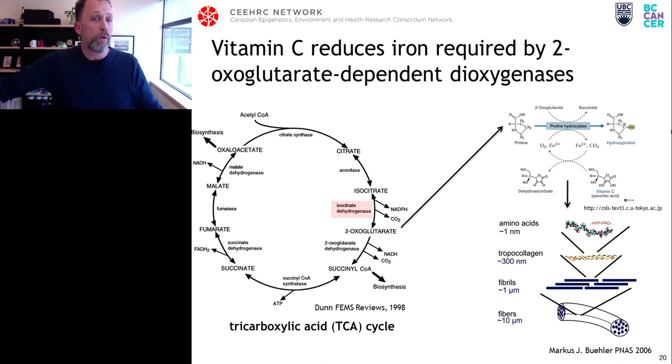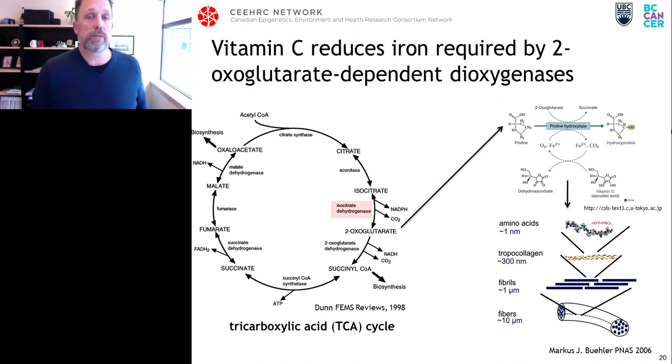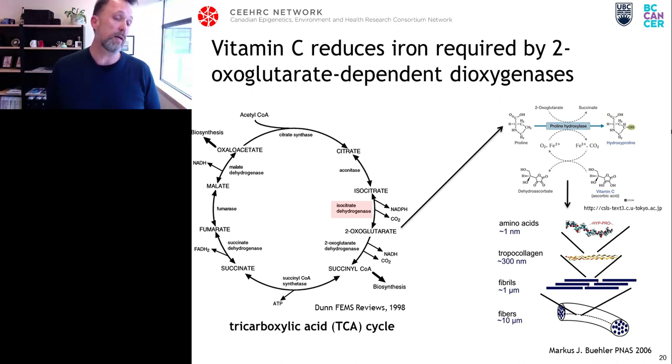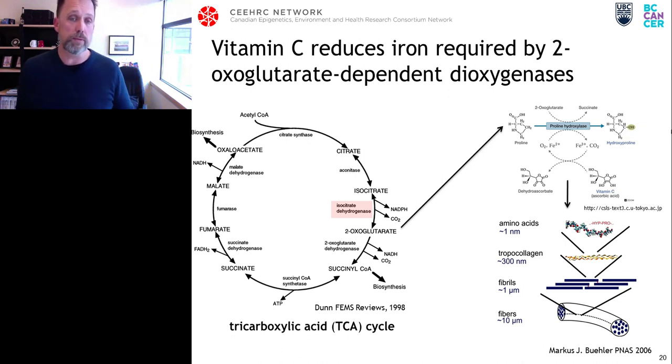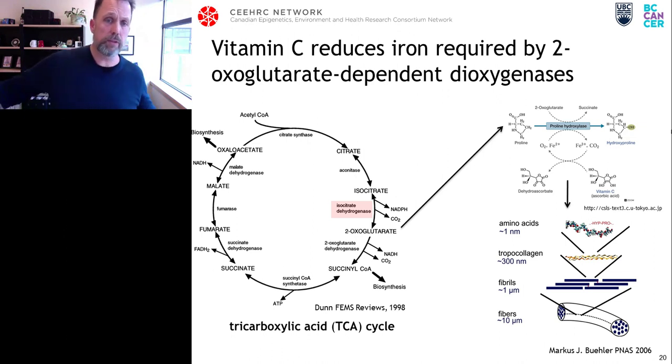Now, one hydroxylase that is perhaps well known is the causative agent of scurvy, the so-called proline hydroxylase. Proline hydroxylase, shown on the right of this figure, is responsible for hydroxylating collagen, and this hydroxylated form is required to form collagen fibers. And of course, vitamin C is an essential nutrient in humans and primates.